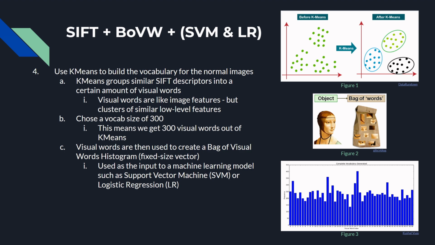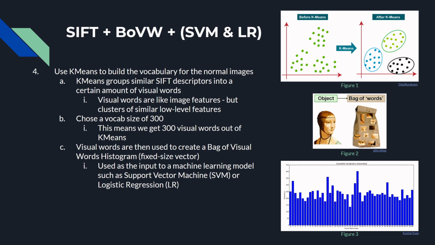We have a more brief, vague description in figure 2, where we take an object, which is an image of a person, and then we create a bag of words where the words are features of the image of the person. In this project, we chose a vocab size of 300. This means we get 300 visual words out of the k-means.